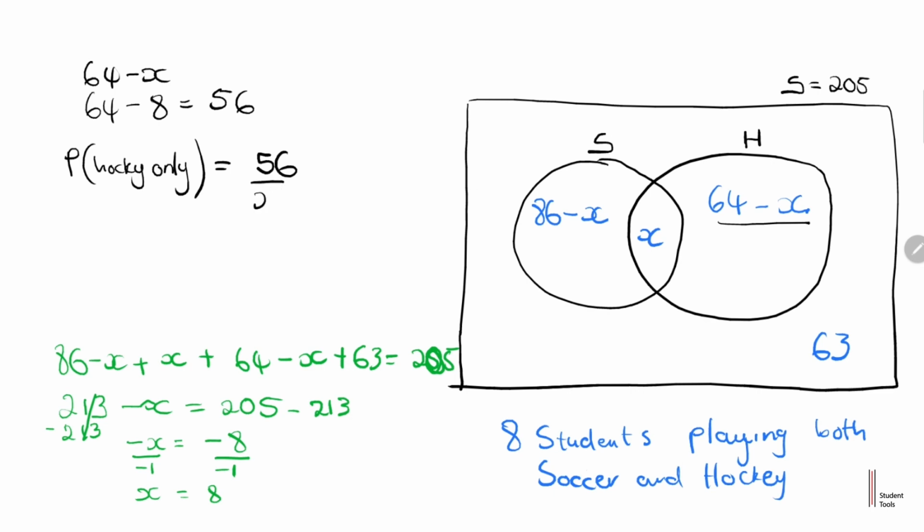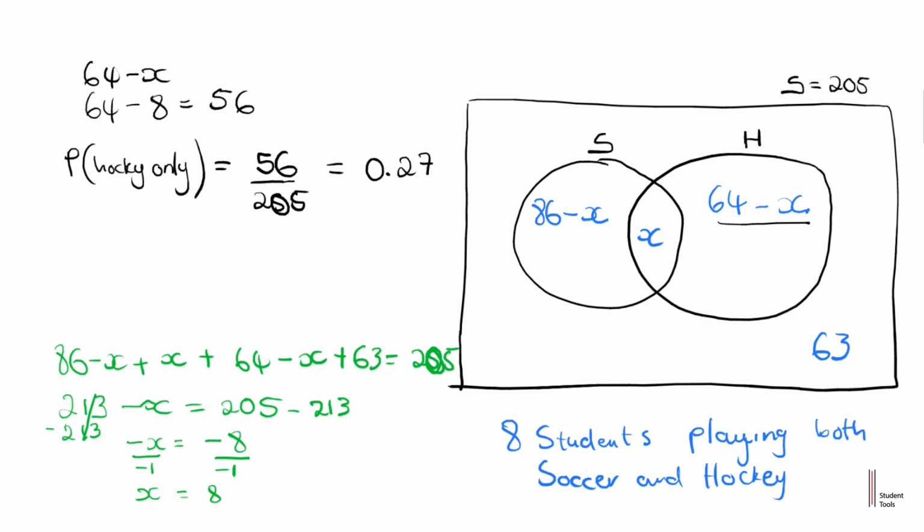We have 205 students. 56 over 205 in decimal is equal to 0.27. And that is the probability that a learner chosen at random plays hockey only. Okay, so that is how we do 2.4.3.